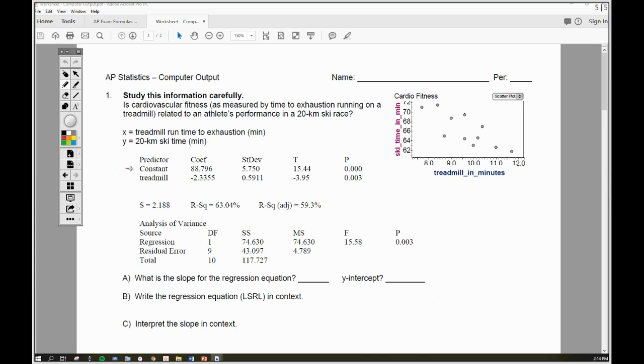So there's two variables that we have here. One of them says constant. The other one says treadmill, and you can see treadmill goes with the x, and in front of x is our slope, so this is going to be our slope. Also, constant is not changing. That's our y-intercept. So what is the slope of the equation? The slope is negative 2.3355.